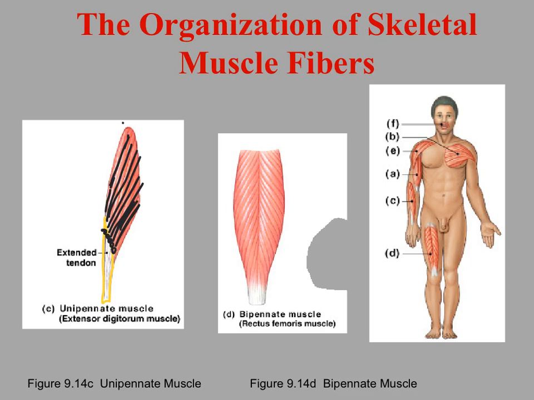If this muscle fiber produces a tension of 1, and so does this next one, and this one, and this one, and let's say we had 10 muscle fibers all producing a tension of 1, if we add up the tension created on this tendon by all 10 muscle fibers, you'd have a tension of 10. So that's all that allows for.